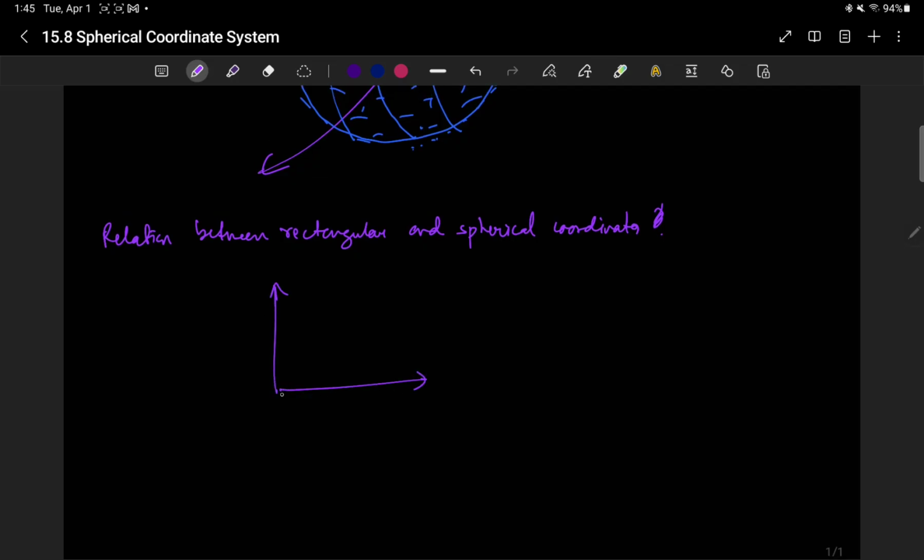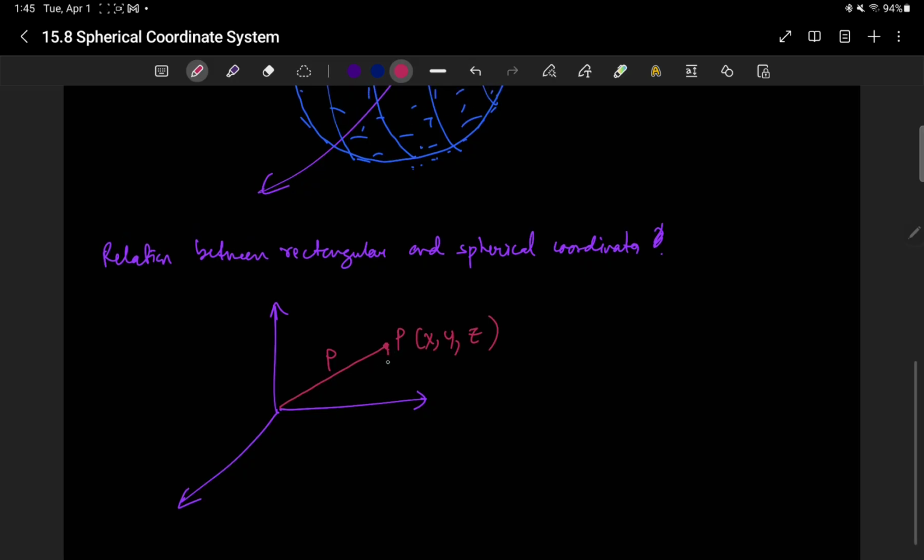So let me first draw this diagram. Here's our point P, and it has the regular x, y, z. Then this distance is rho, and we take a projection of this, and this distance we know is r, and this angle is theta, and this angle is phi.